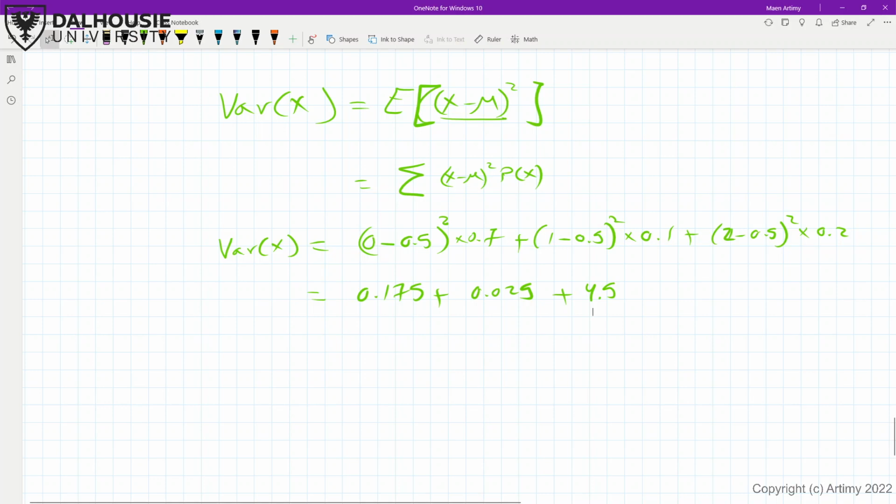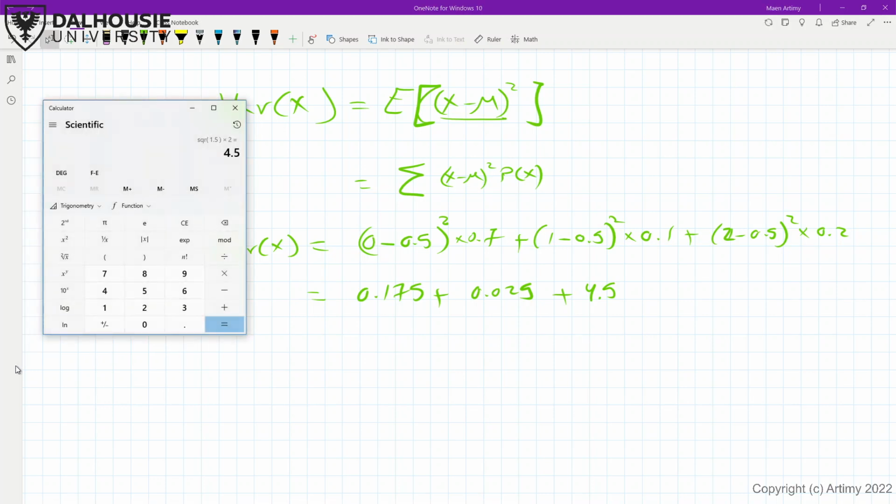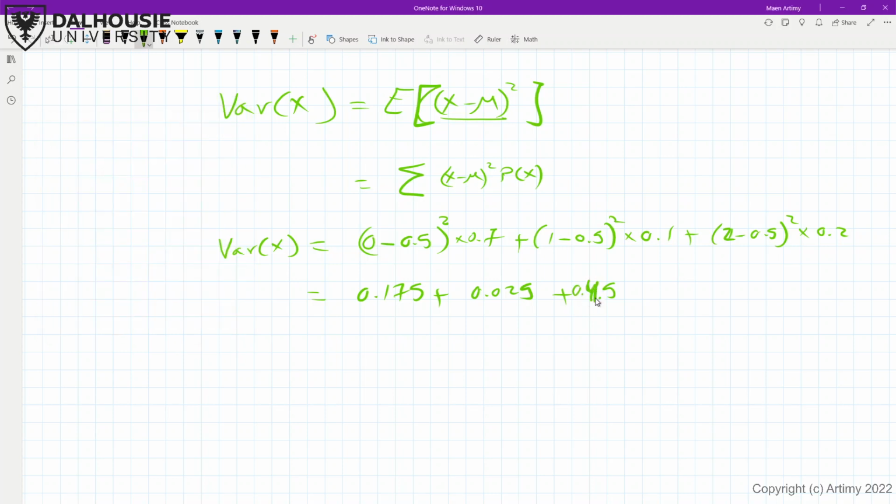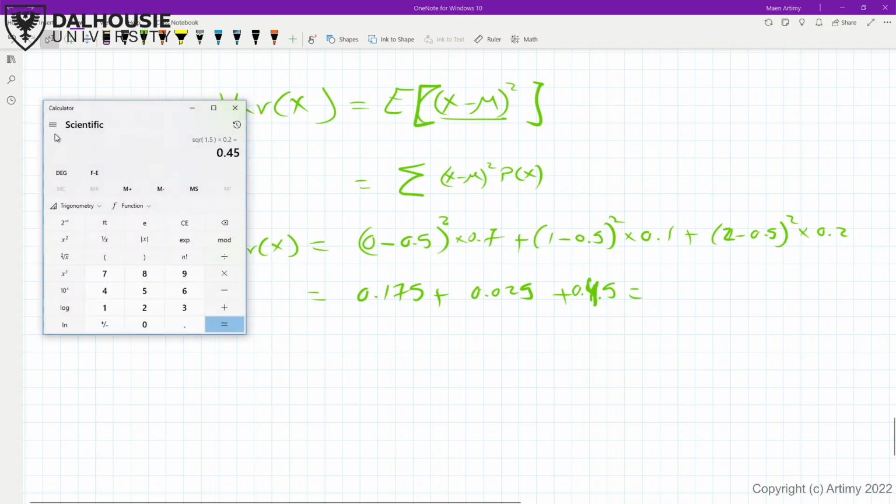I'm just gonna double check everything because I may have made a mistake here. Okay, it's the square, not the square root. Yeah, 0.45, and the middle one is 0.5 squared.